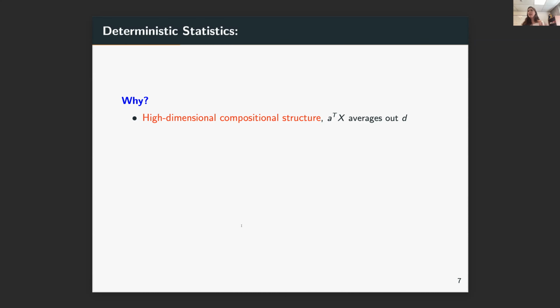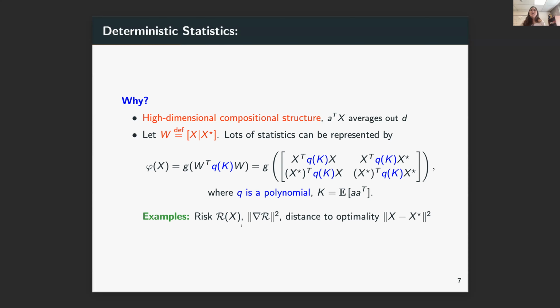So there's already this concentration result. How do you actually get a prediction for the dynamics? Well, we need something more. We need something which we can define through some ODE. We need some low dimensional statistics which describe all the dynamics that we see of the risk. And it turns out you can do this in this problem.